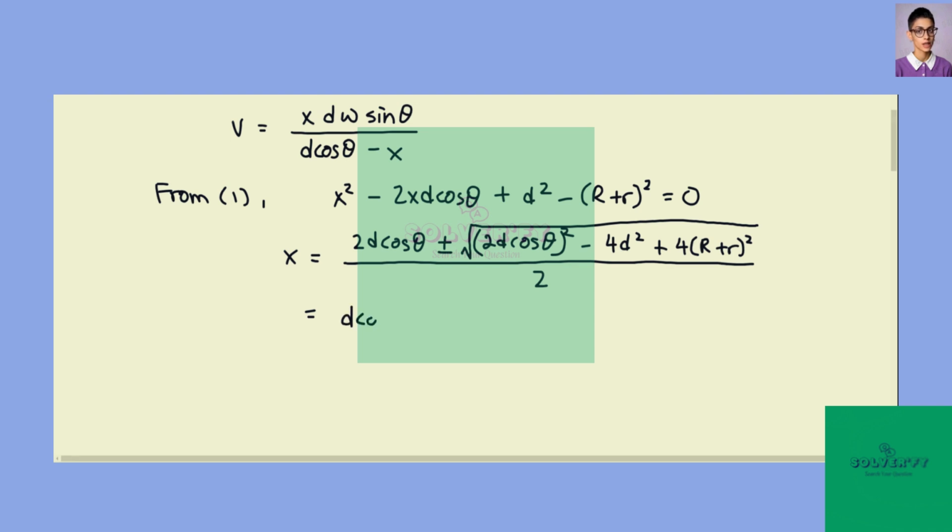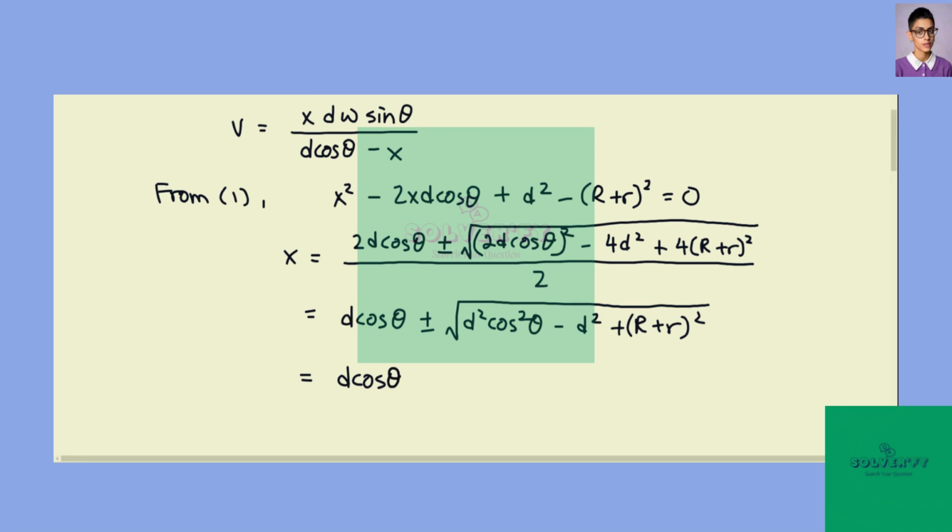So we are going to get d cosine theta plus or minus the square root of d squared cosine squared theta minus d squared plus (R plus r) squared. The d squared cosine squared theta minus d squared can be simplified, so we have the square root of (R plus r) squared minus d squared sine squared theta.